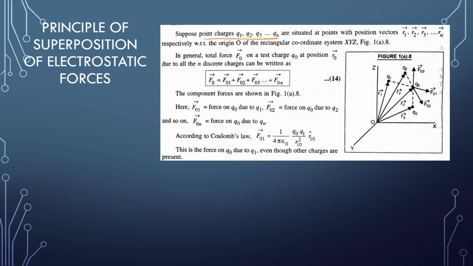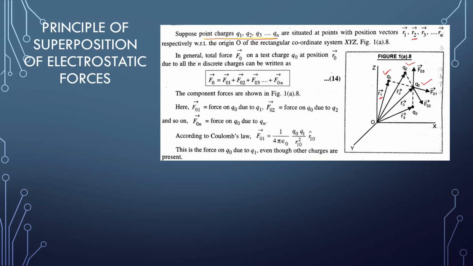So this is our coordinate system x, y, z, and the test charge on which we are trying to find out the total force is Q0, placed here, and the other charges Q1, Q2, and Q3 are placed very close to, let's say, Q0, right, and the position vector of Q1 is R1 vector. All of you know what a position vector is. It's the vector of that particular charge Q1 with respect to the origin.